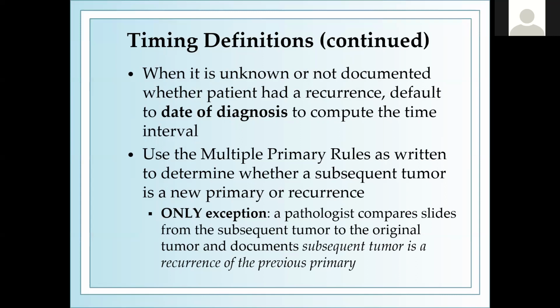If a pathologist compares the pathology slides from the subsequent tumor to the original tumor pathology and documents the current tumor is a recurrence of the previous primary, then we would not use the multiple primary rules.